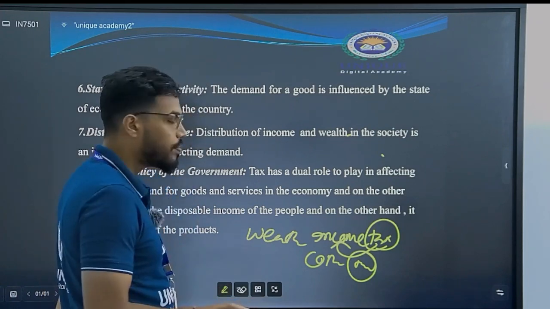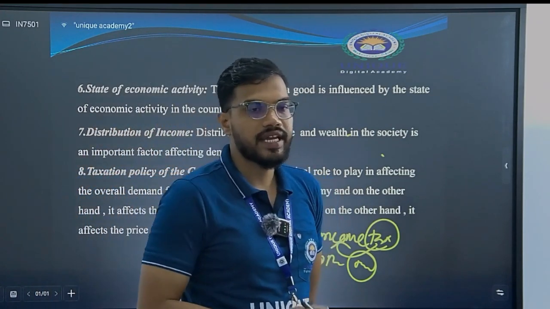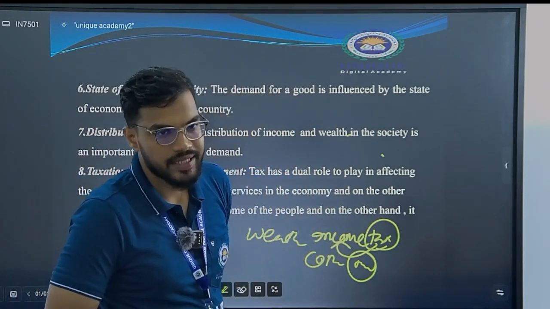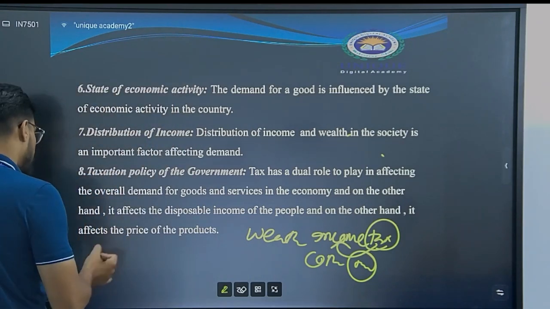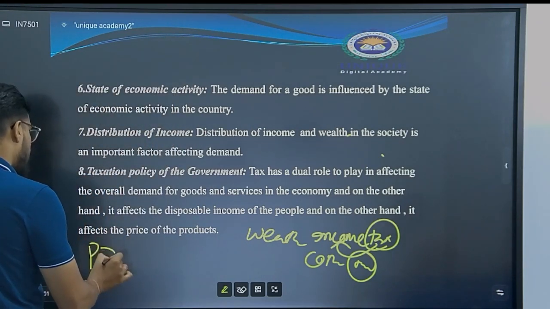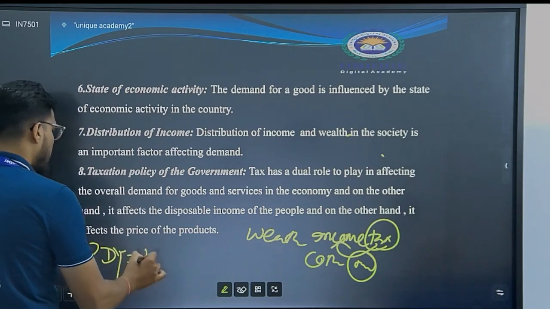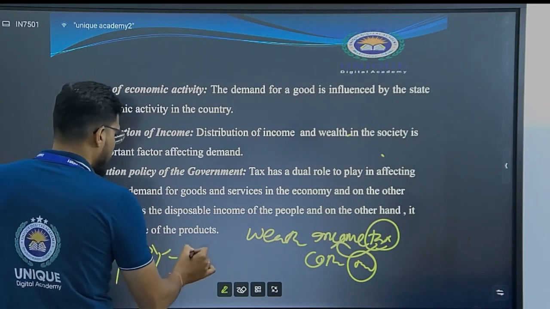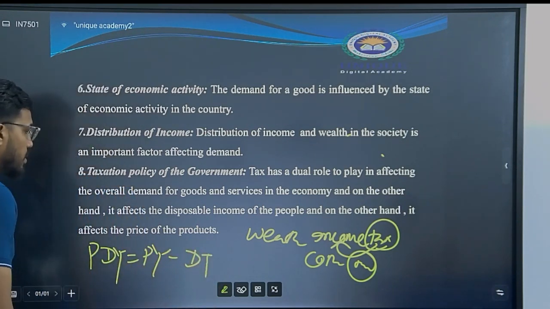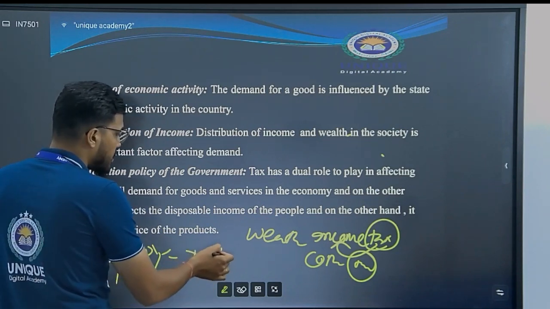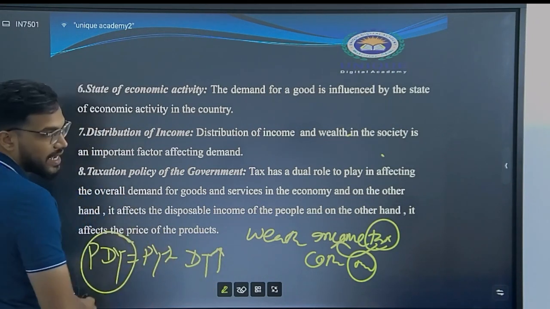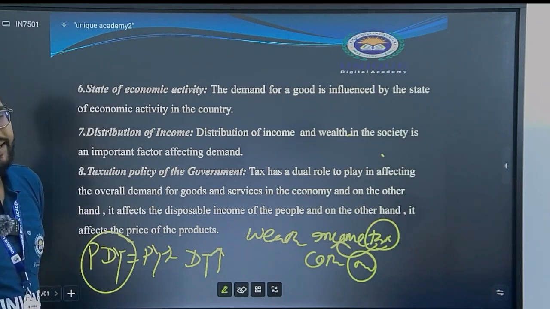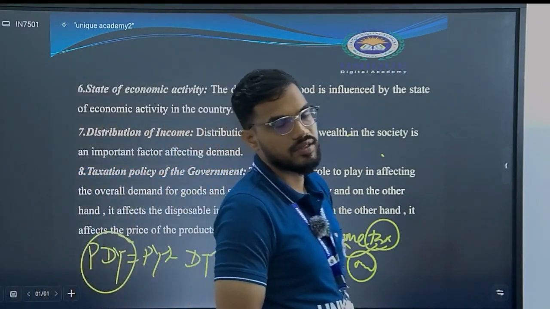And after paying the direct taxes, the rest amount of income is known as personal disposable income. Suppose your personal disposable income is equal to your personal income minus direct taxes. Suppose your income tax increases, your personal disposable income declines, and immediately your demand for goods and services also declines.